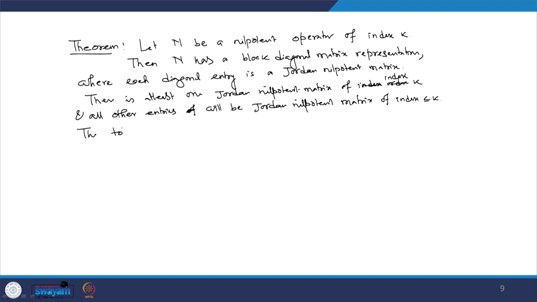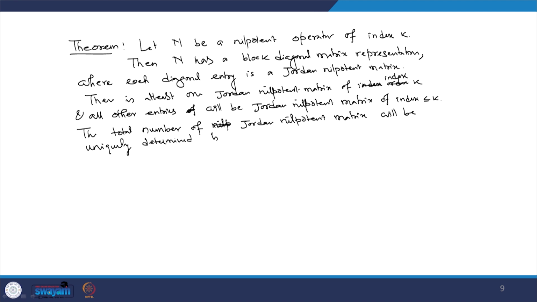The total number of Jordan nilpotent matrices will be uniquely determined by the operator N or matrix N, both are the same.